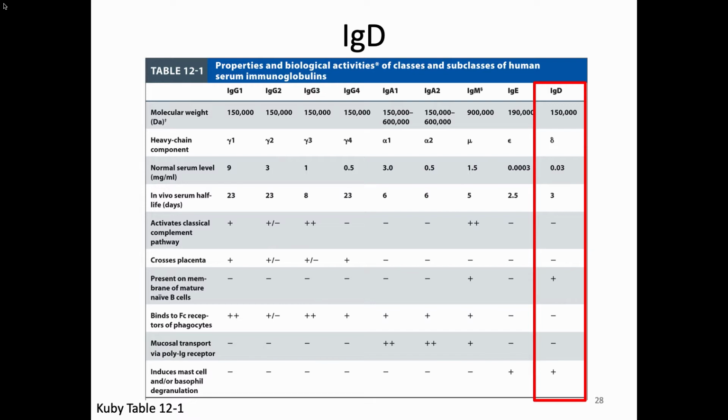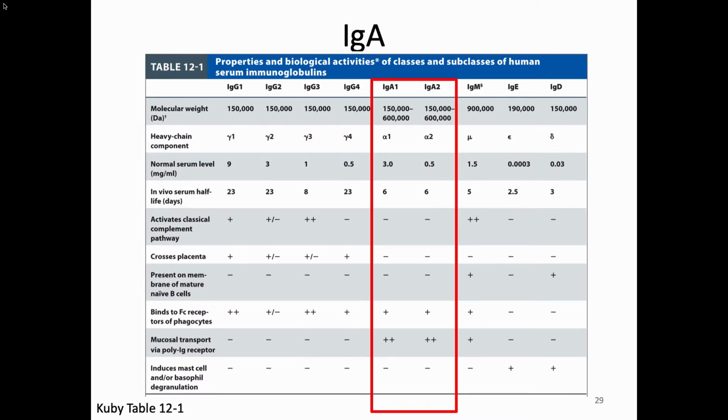All right, so I've done M, I've done D, then I went to E. And now I'm going to do A, because I'm just really all over the place with my letters. And so here you can see IgA.